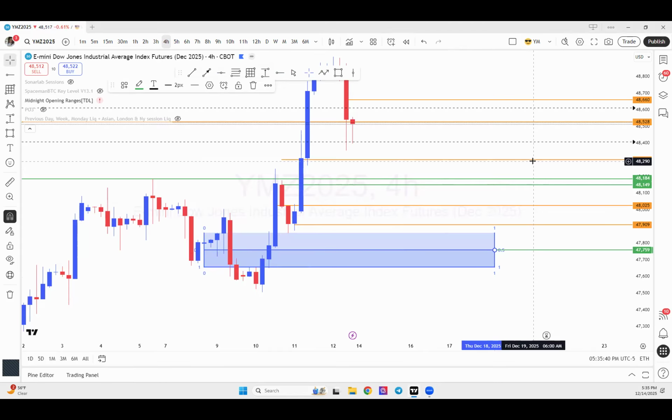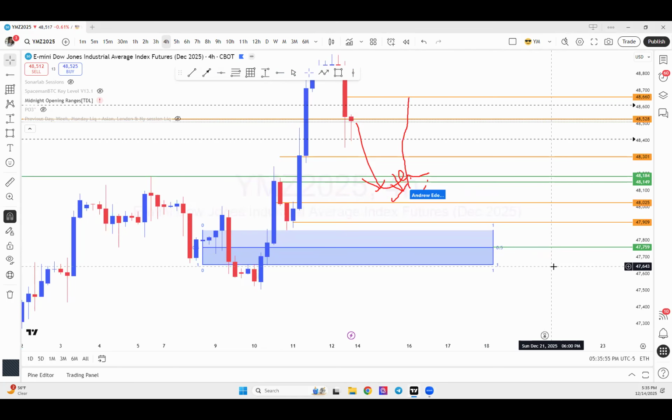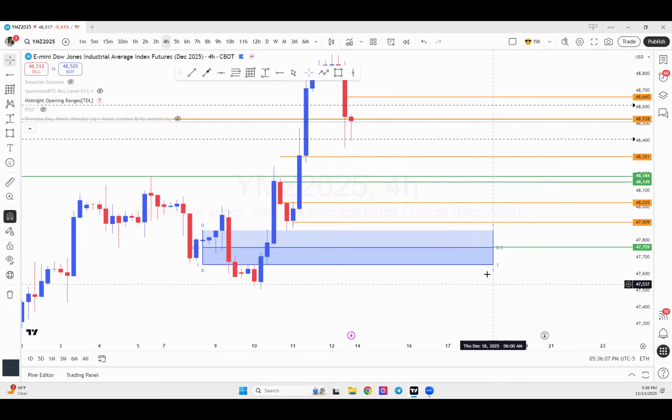If we're going to get there, and you have other levels before there, you will have to also watch out for these levels. So no level is wasted. When you see your reaction right here, even if it's a short-term buy, before price comes to this level to go all the way high, it's still trading. So every level serves a purpose, whether for the short term or longer term. So that is it.